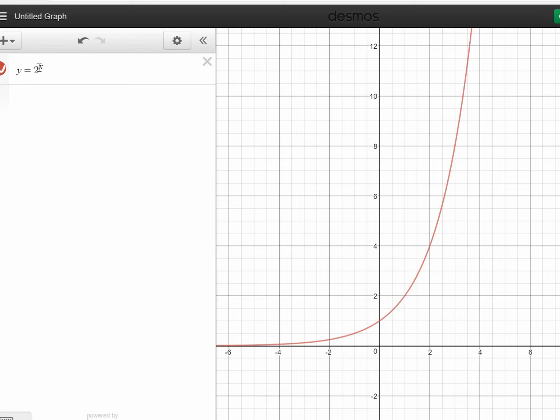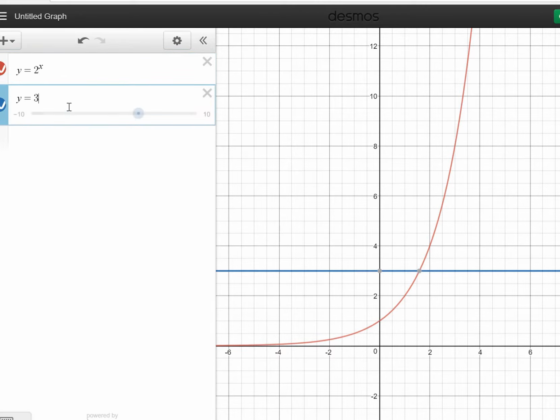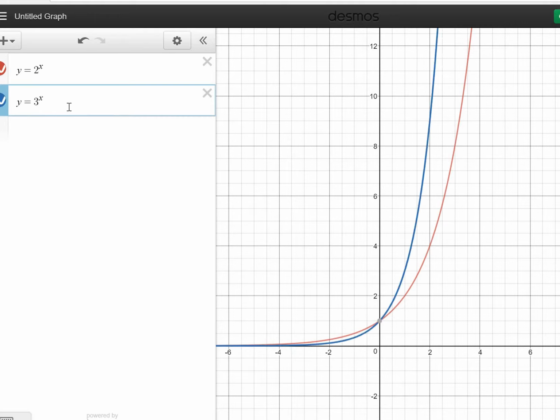Now we've been using a base of 2, but we could use any number. What happens if we increase the base? Well, if we increase the base, the curve gets steeper. Alright, 3 squared is 9 compared to 2 squared.